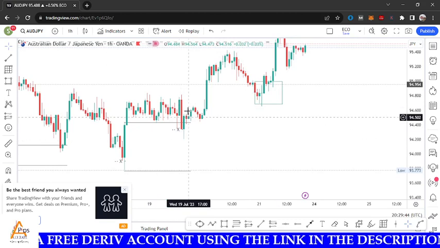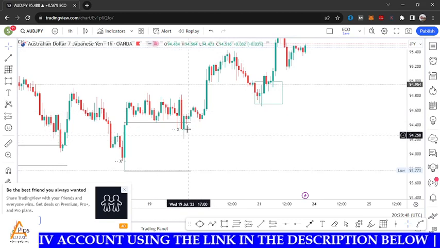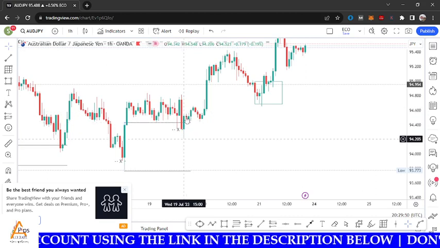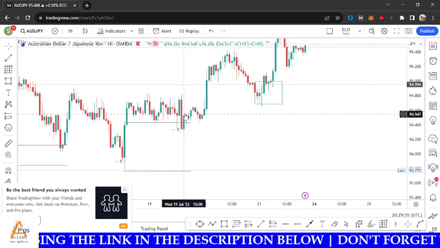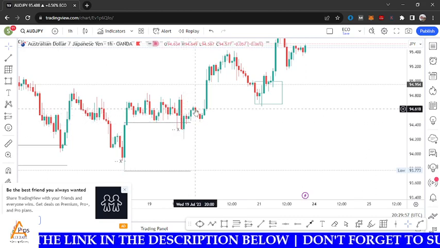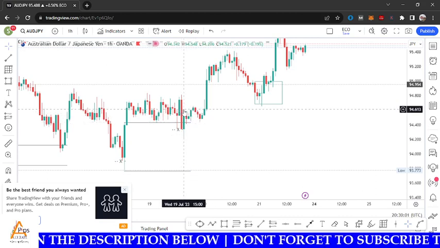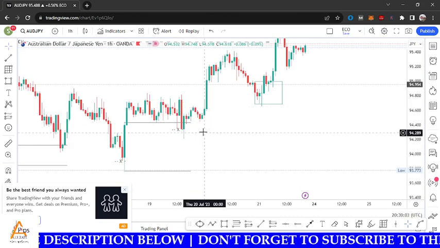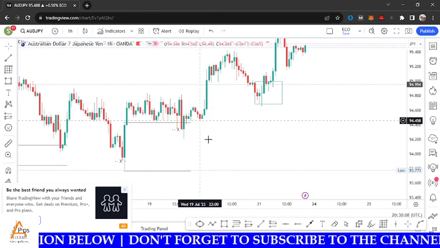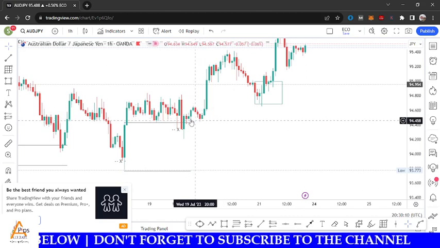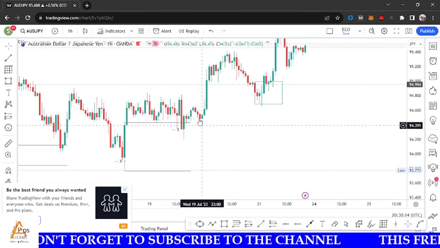All right, so this guy here, despite faking the low over here, we don't have a valid order block here. Why? Because here you can see that there is no imbalance for us to make an entry. So let's see. The next thing is this area. Why? Because this guy took liquidity over here.